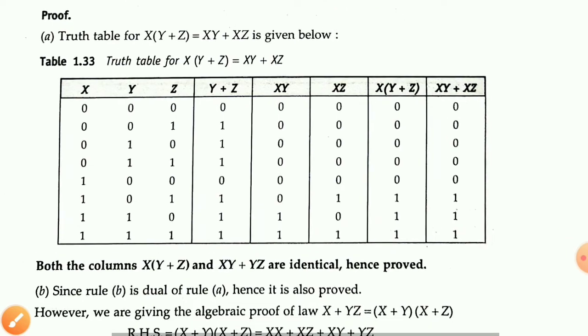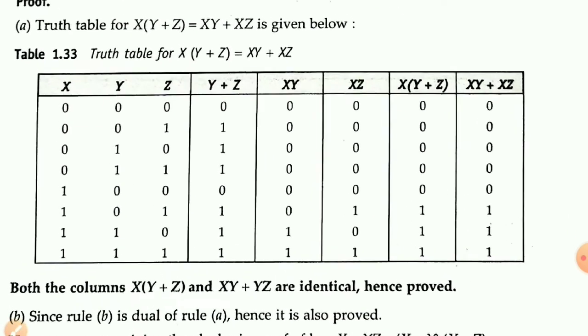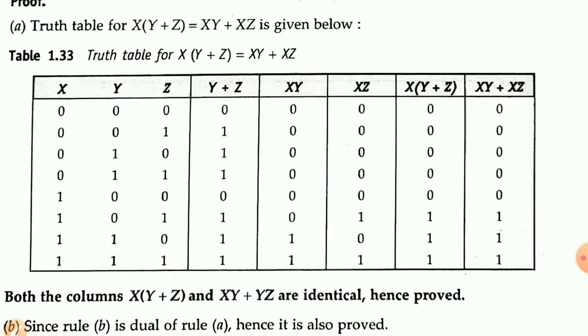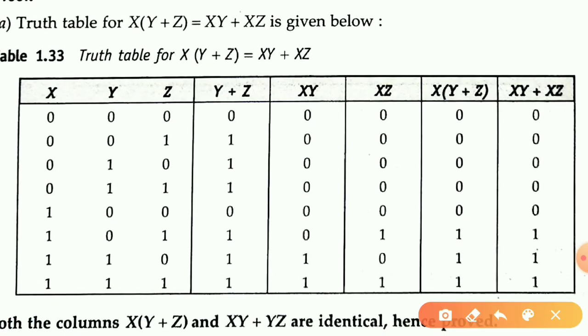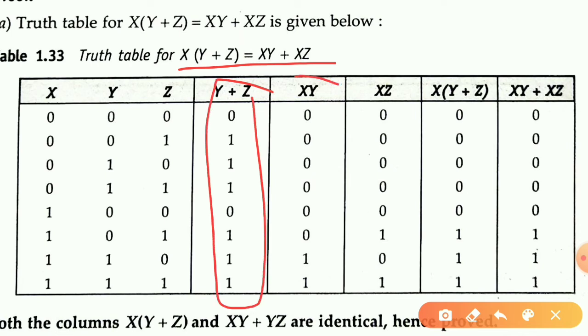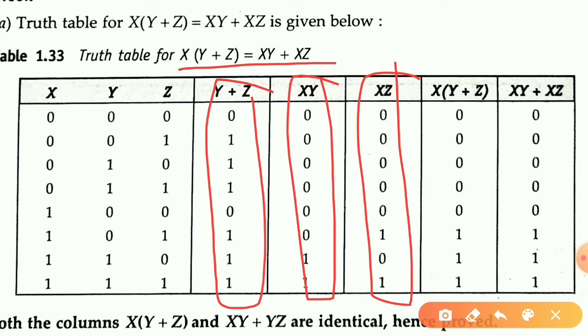Now let's see the proving for these laws. So this is a truth table for, you can see over here, students, x bracket y plus z equals xy plus xz. Now how? There are three input variables. So first of all, we had to find y plus z, then we had to find x dot y, then we had to find xz, and after that we found the left hand side.